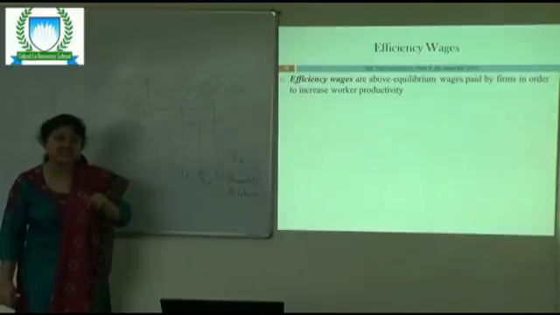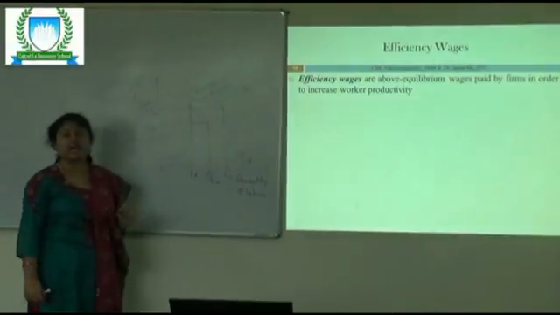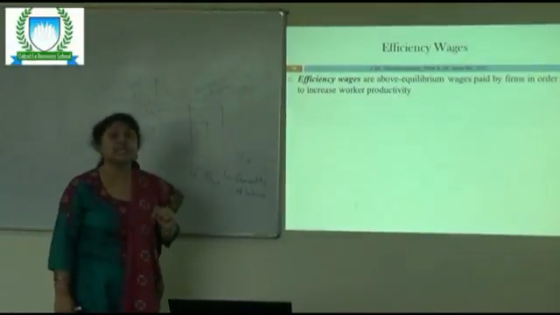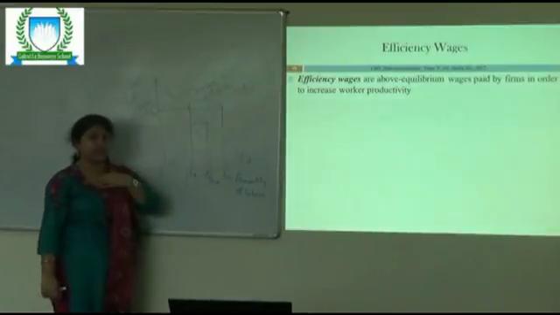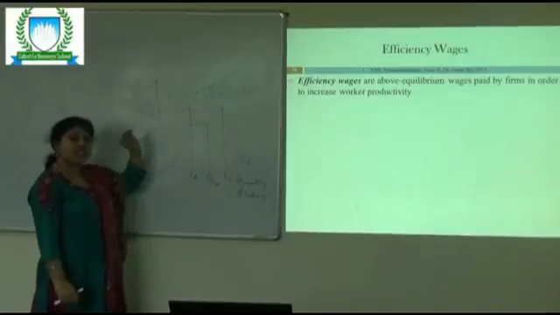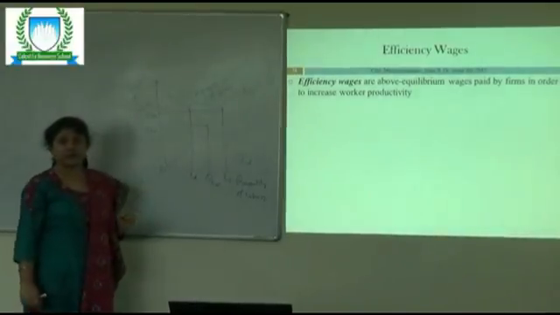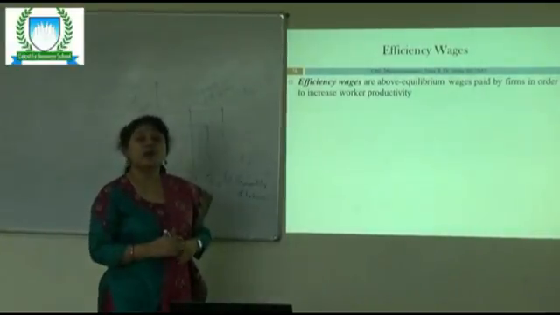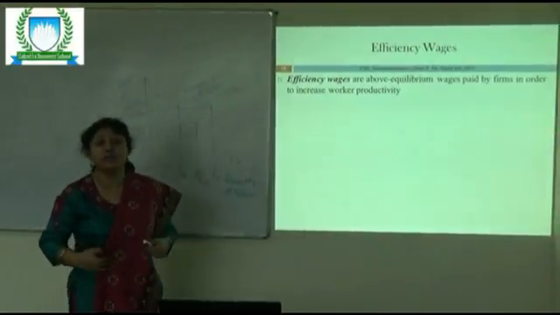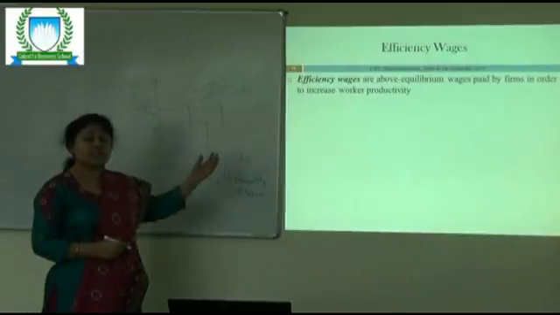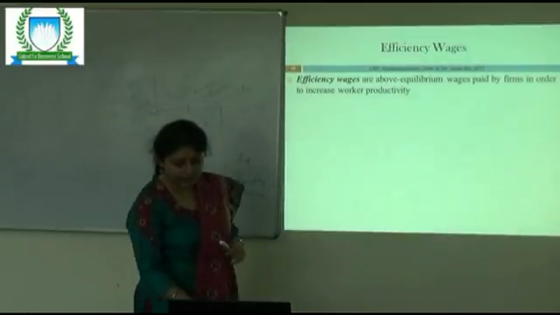Not the government telling that the wage should remain over here. Here the employer himself is wanting that I will give, if I am an employer, a wage which is above the equilibrium to increase my worker productivity. And if this can increase my worker productivity, then obviously that would be efficient for my firm.